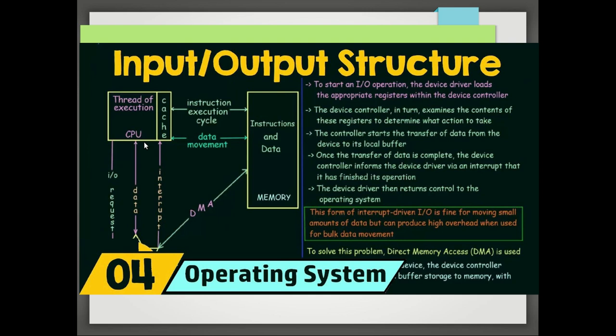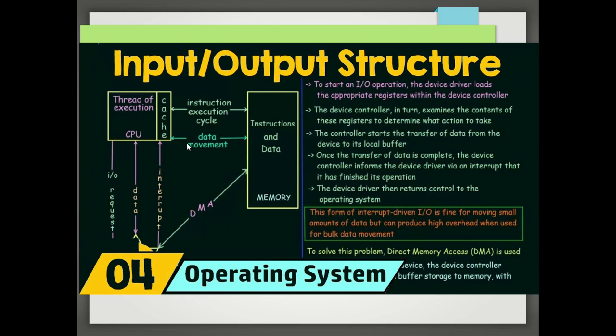Now each main memory has some space for the data which is required or asked for frequently. So that local buffer we can use to transfer the data. Then once the transfer of data is complete, the device controller informs the device driver via interrupt that it has finished the operation. Then the device driver can transfer control to the operating system.